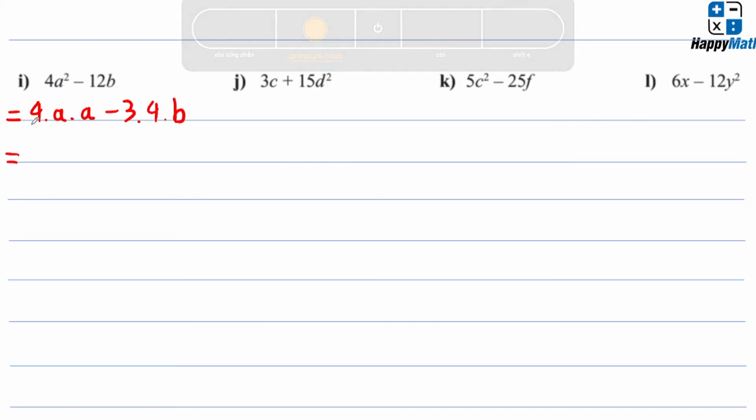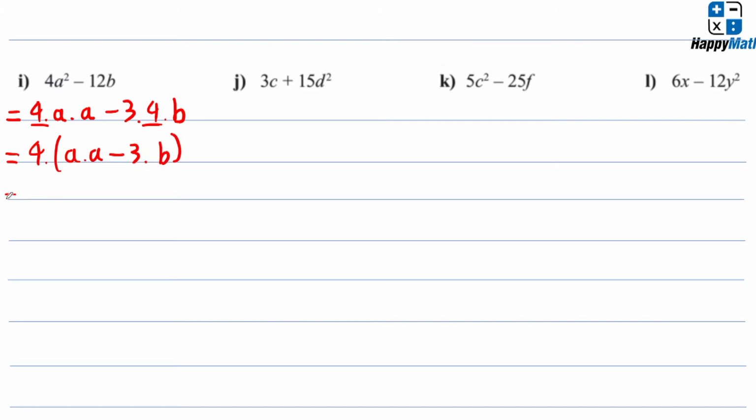So 4 is a common factor. I take 4 outside and get a multiplied by a and negative 3 multiplied by b, like this. I want to simplify this one: a multiplied by a is a squared, and 3 multiplied by b, something like this.